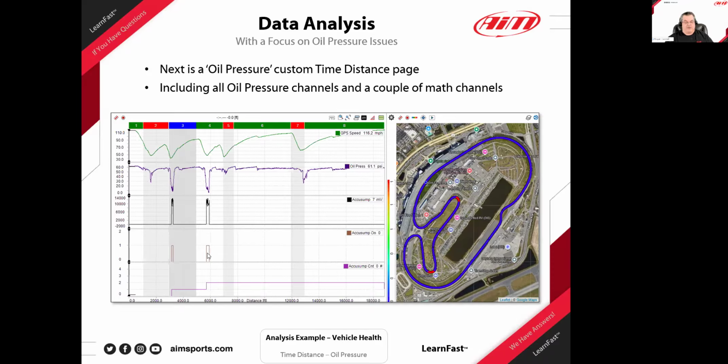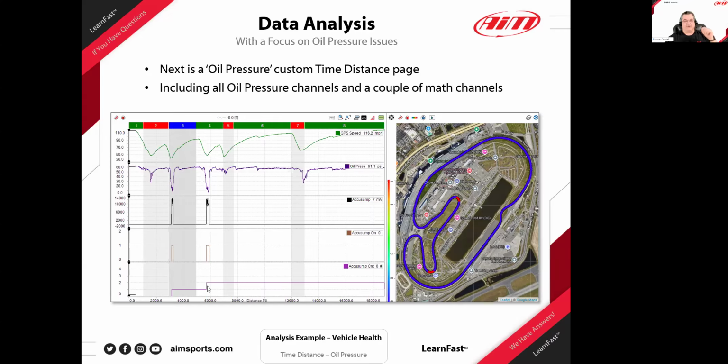So the AccuSump was on 2 times, and I also put the math channel of AccuSump count down here, so every time we have a hit on the AccuSump, it counts. By the way, for some of you who are deep into math channels, we can do the count on any channel at all, but the trouble is that those millivolts are jaggedy at the top if I zoom in on that AccuSump value, and I could not filter it enough.